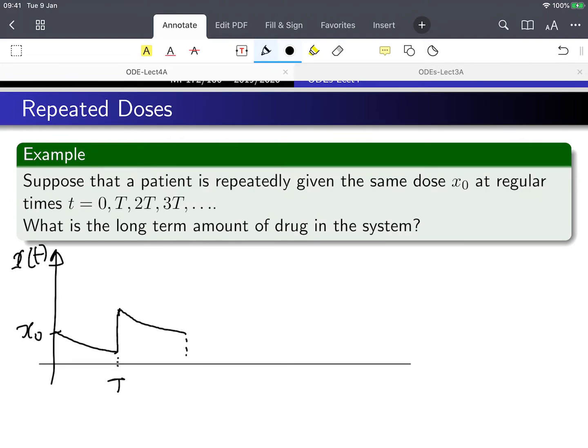At time 2T, I repeat, and so on and so forth. That's typically what happens when you have chemotherapy. You could be spending all afternoon getting those doses. Can we model this mathematically? What is the long-term amount of drug in the system?